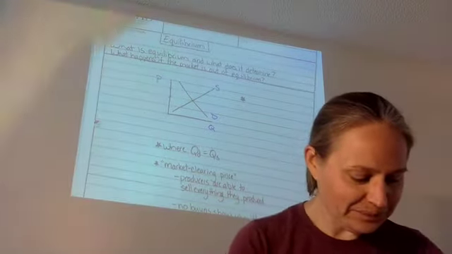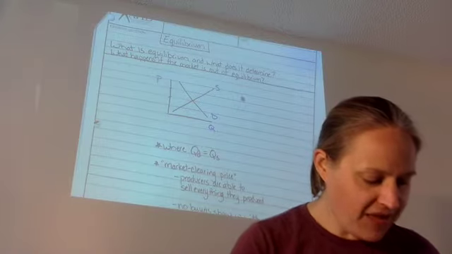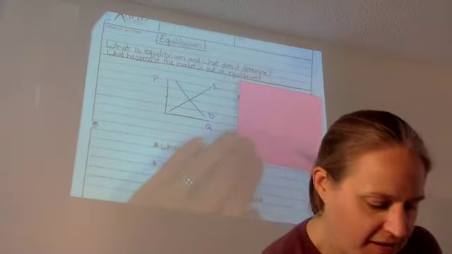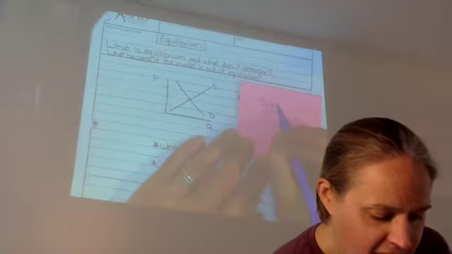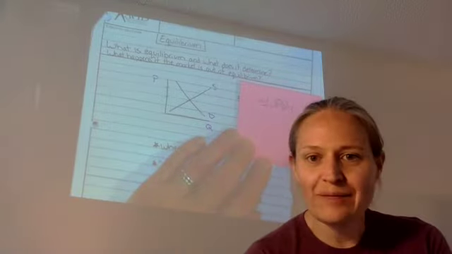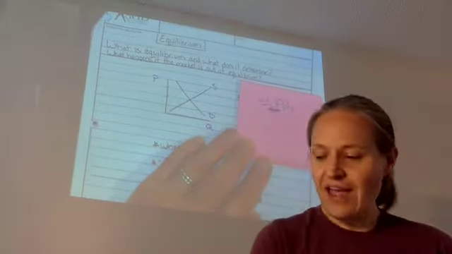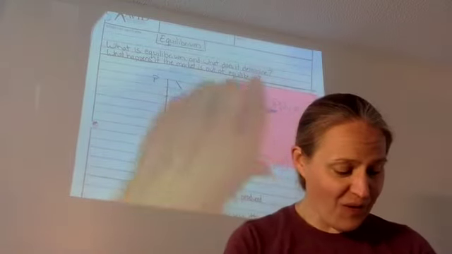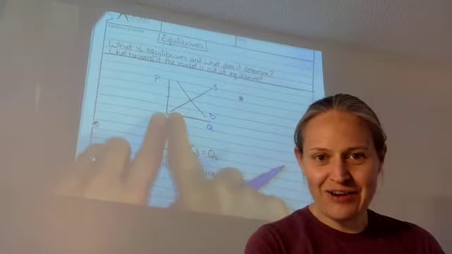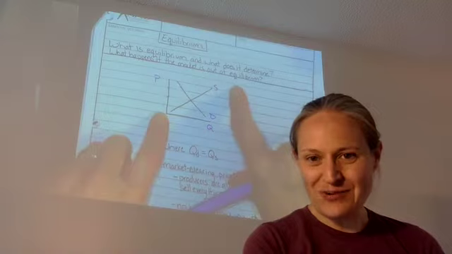Or you can use this trick, which my econ teacher taught me 20 years ago. Here's how you spell the word supply. Supply has the word up in it, and so the supply curve is the curve that goes up from left to right.